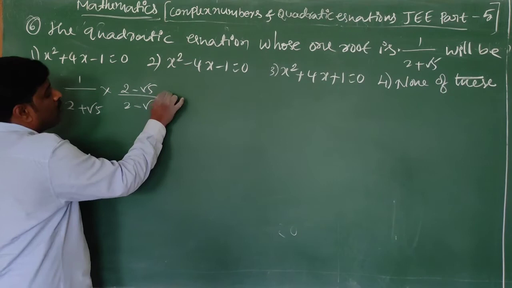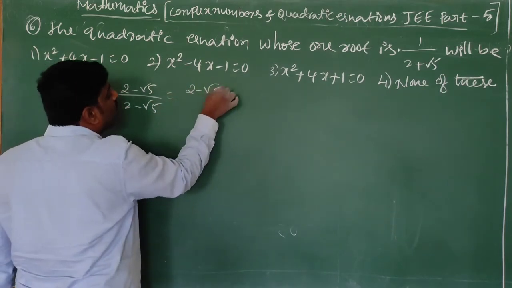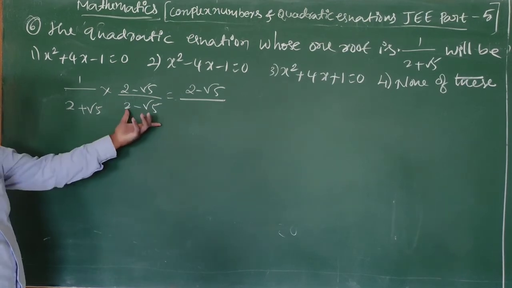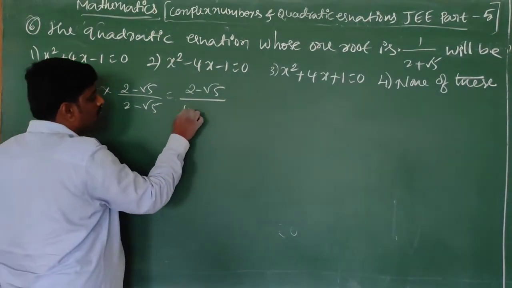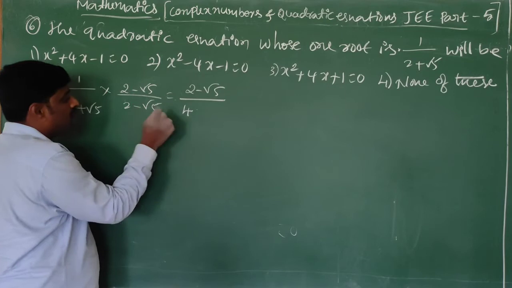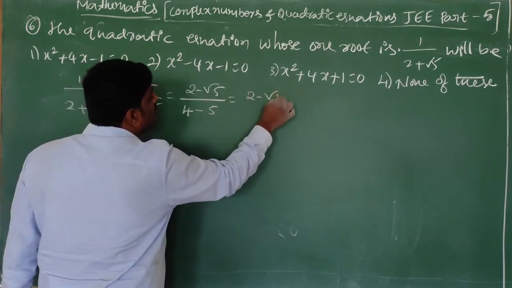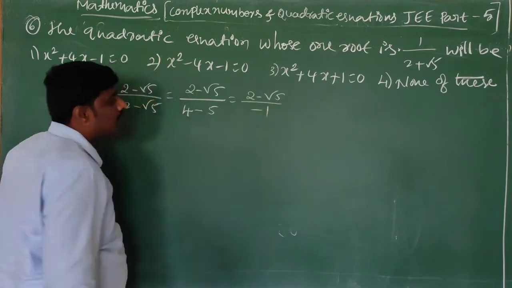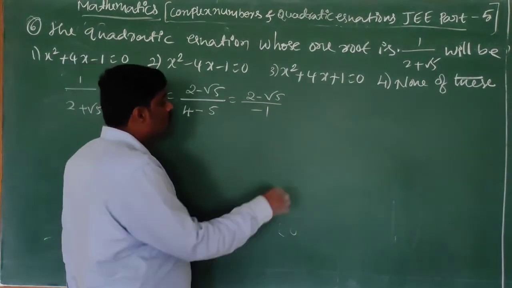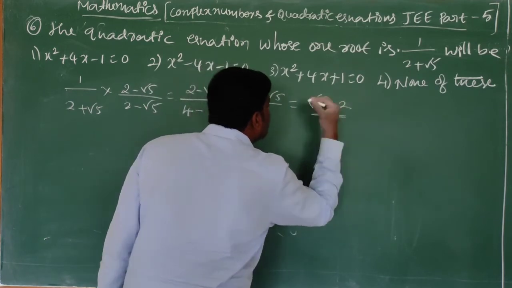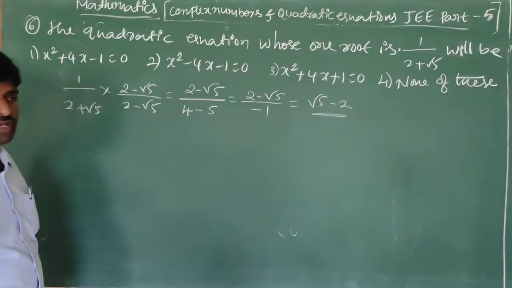It is of the form (a plus b) into (a minus b), so 4 minus root 5 whole square, that is 4 minus 5. So 2 minus root 5 divided by minus 1, this value becomes root 5 minus 2. This is one root.